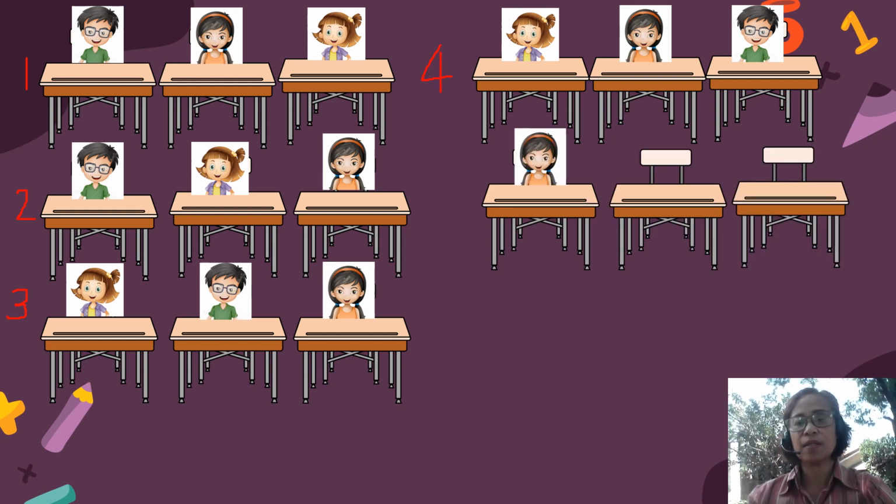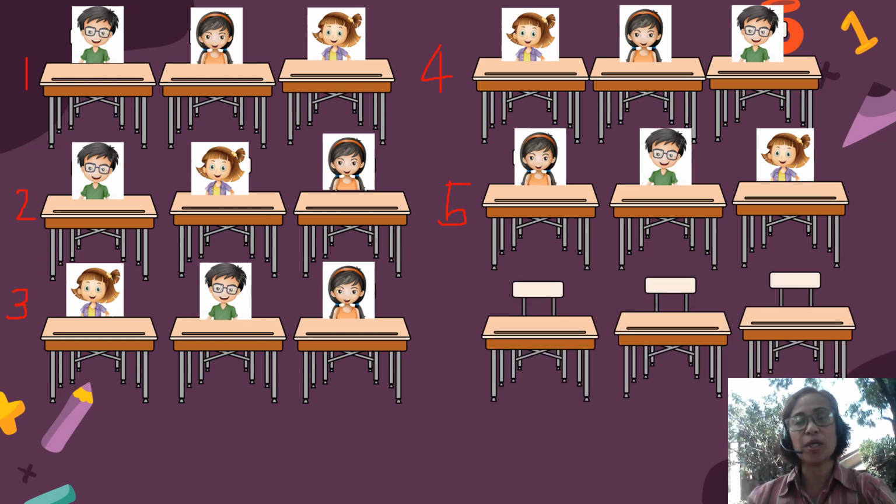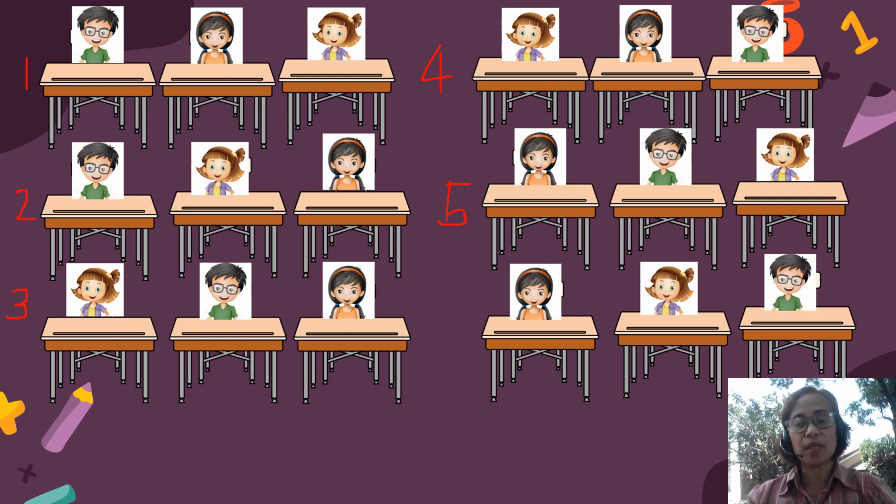Fifth one is Diane, Kevin, and then Nicole. And then I think I only have one last possible arrangement, and that's Diane, Nicole, and then Kevin. Now, let me check if there's an arrangement here that's duplicated.